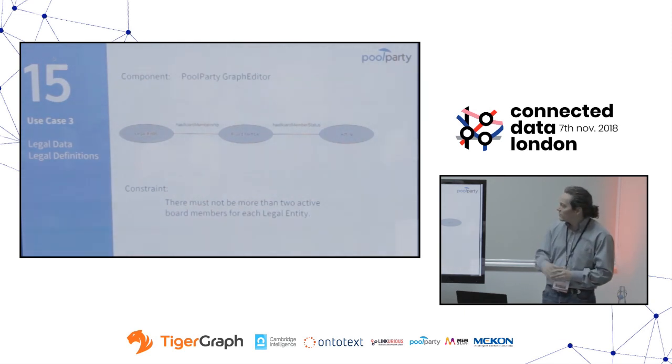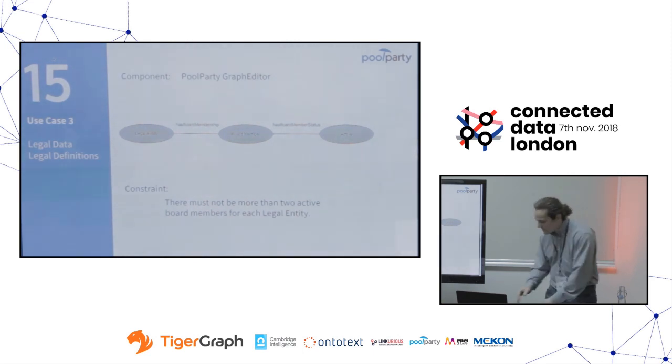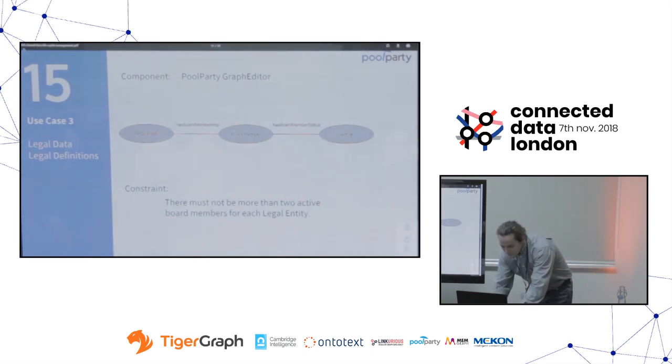They have board members related via the has board membership property, and these board members have a status that is defined using the has board member status property. And the constraint that we have here is there must not be more than 2 active board members for each legal entity. So how can we check that?